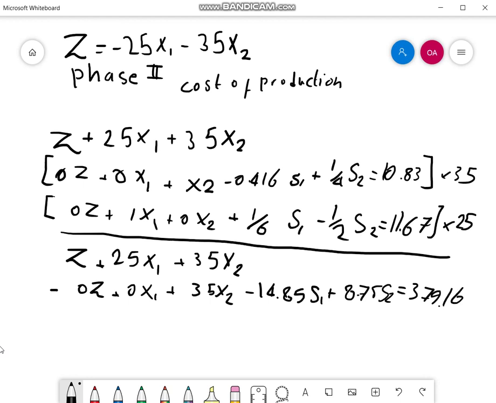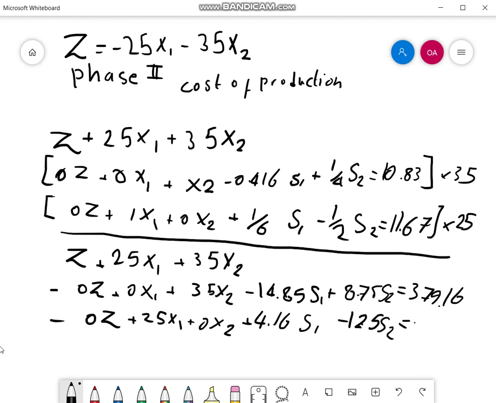We have the other equation, minus 0z plus 25x1 plus 0x2 plus 4.16 s1 minus 12.5 s2, which is equal to 291.66. So we can subtract these equations.